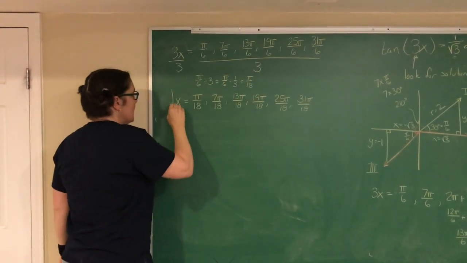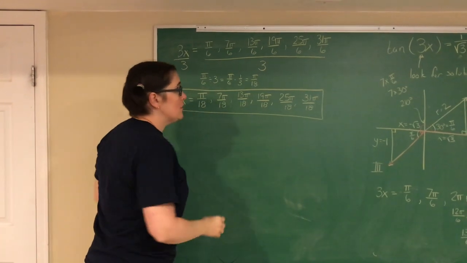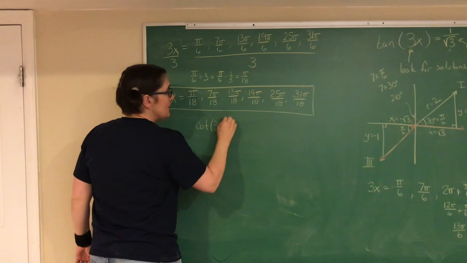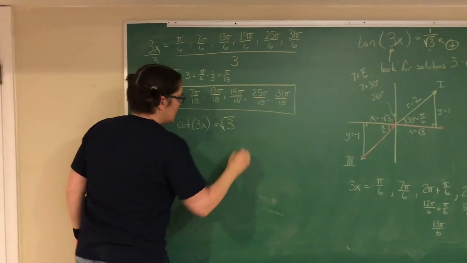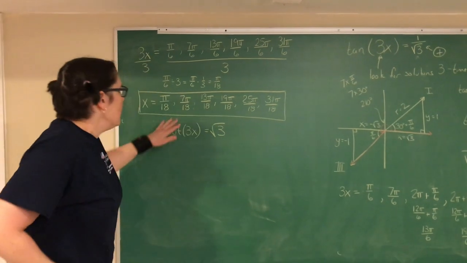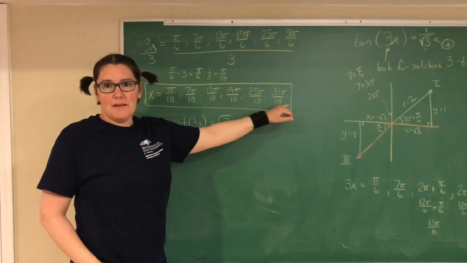And these are our 6 solutions to our original equation, which was cotangent of 3x is equal to square root of 3.